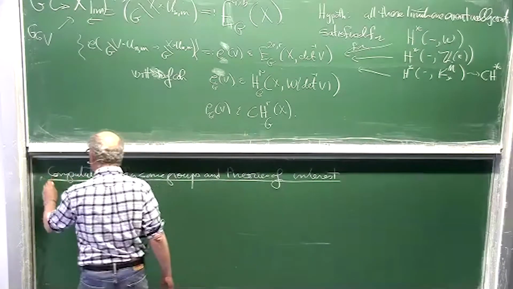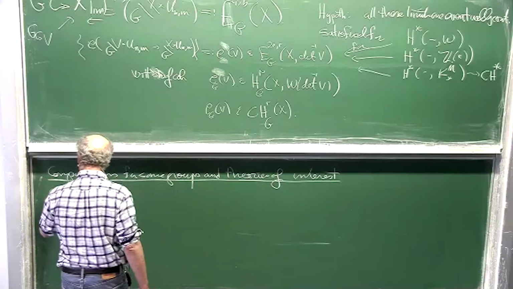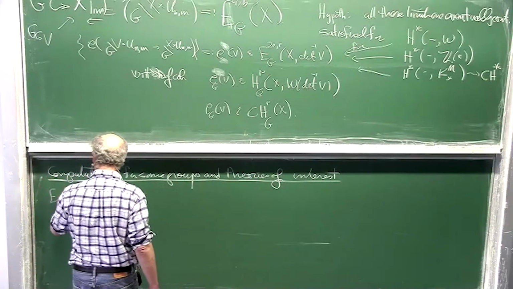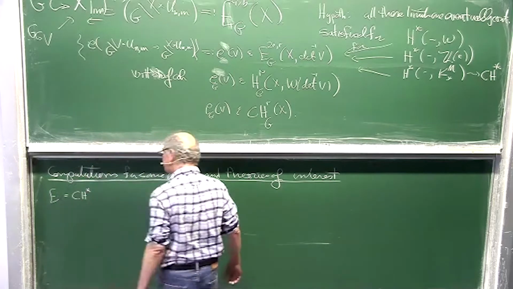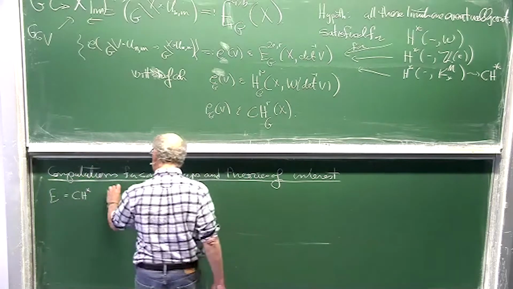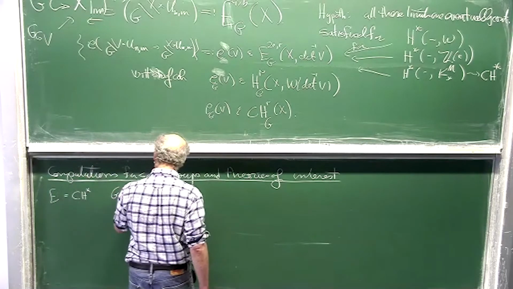This is the coefficient ring. So let's take E, the Chow groups. Okay, and let's take G to be a torus.